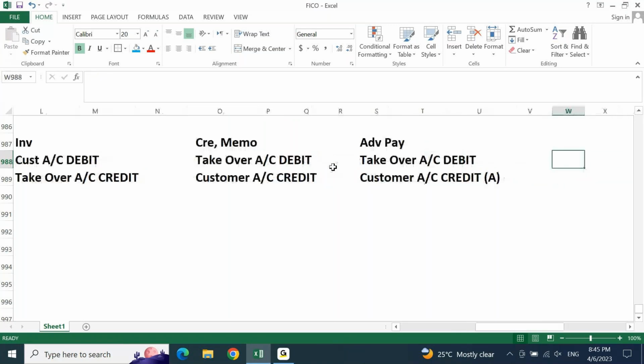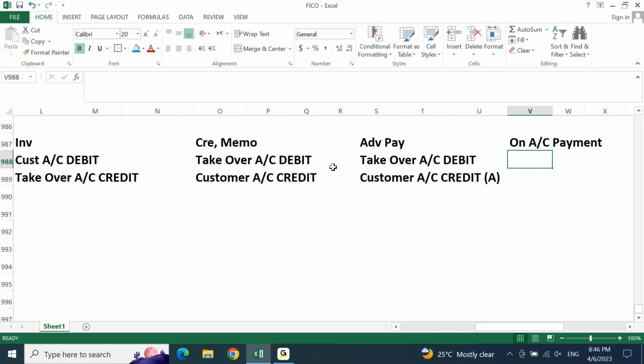Any on account payment. An on account payment is nothing but payment received from the customer, but invoice details are not shared. You received payment from the customer, but the customer did not tell which open invoice this payment is against. In such cases, you will not be able to identify the invoice. You are not supposed to assume the invoice.